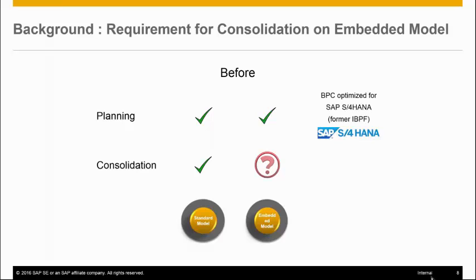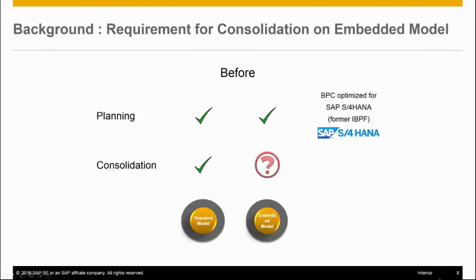When HANA came into the world, BIP was also optimized for HANA, and we named it PAC, Planning Application Kit. Compared with BPC, they are both planning applications from SAP, but BPC is more user-oriented, and PAC is more IT-oriented.